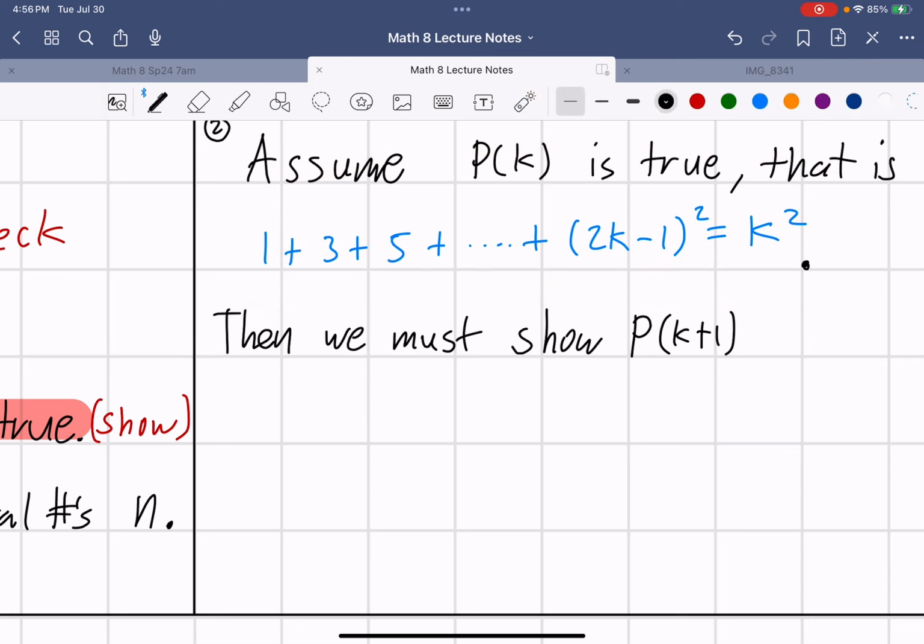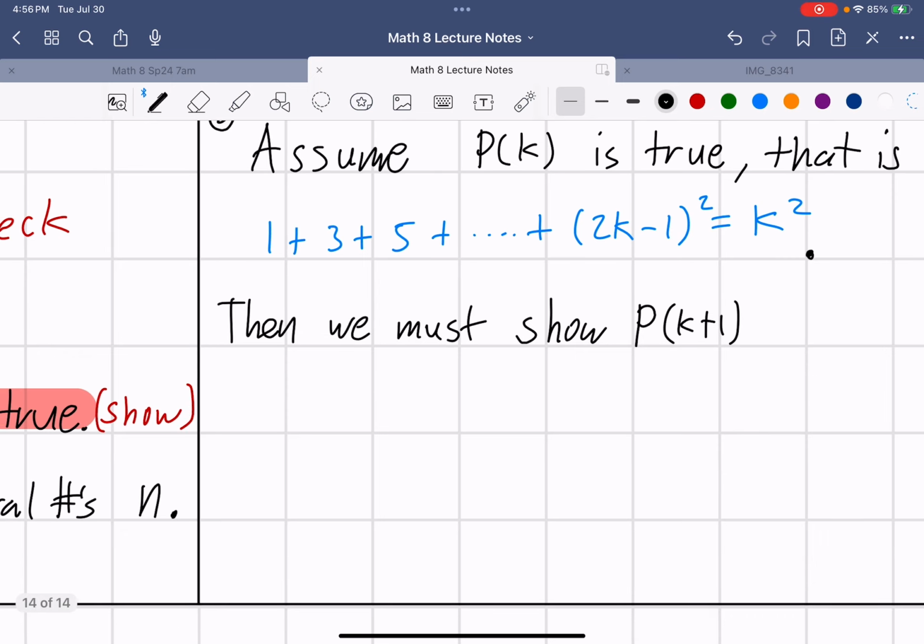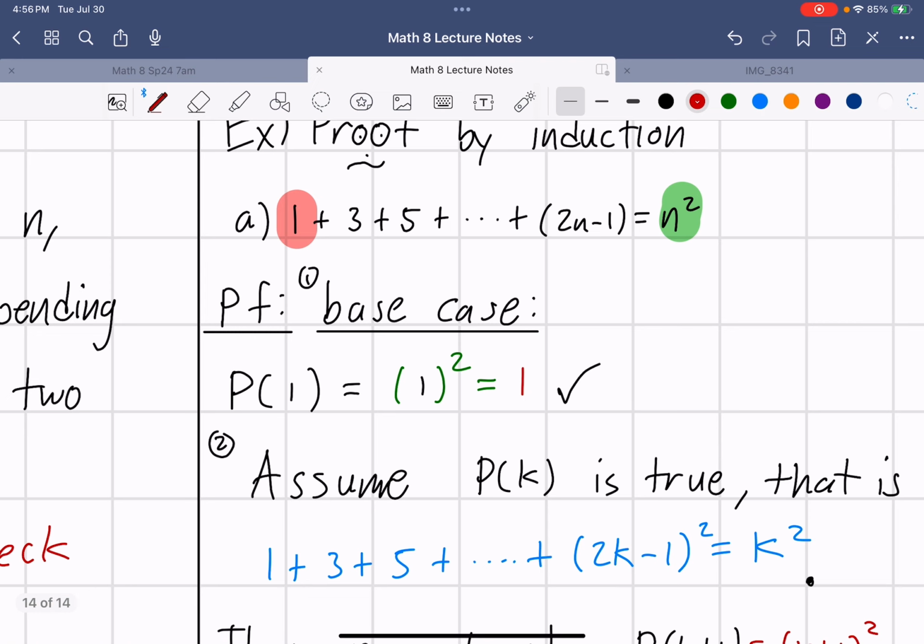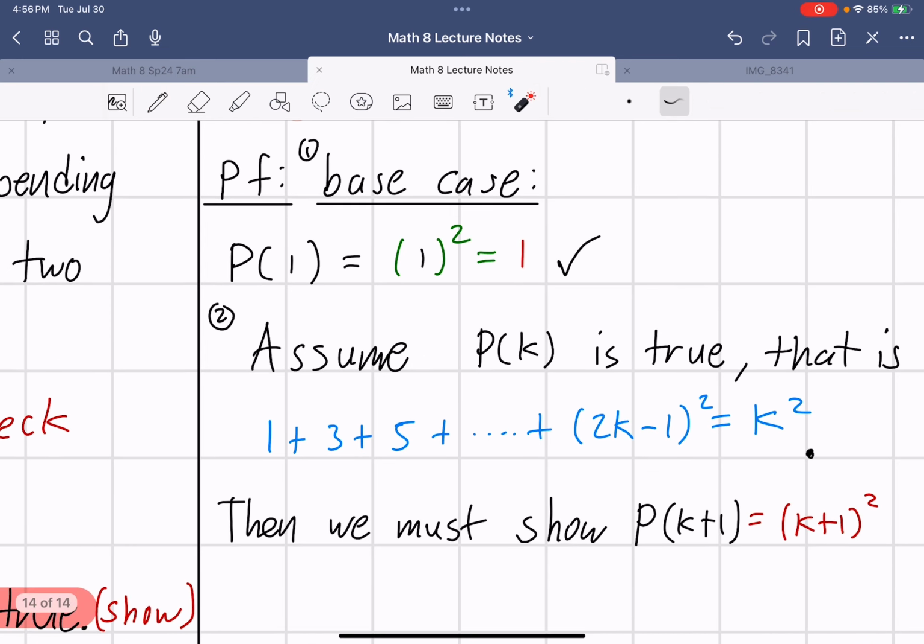Now, something I like doing, just because it helps me visualize what my end goal is, is that I plug K plus 1 into my formula here, into what I'm trying to show.